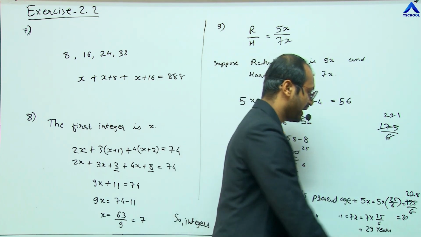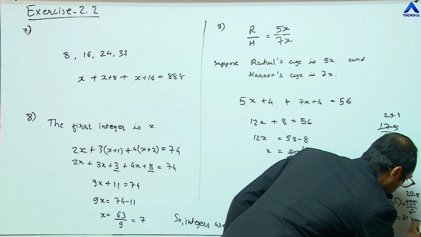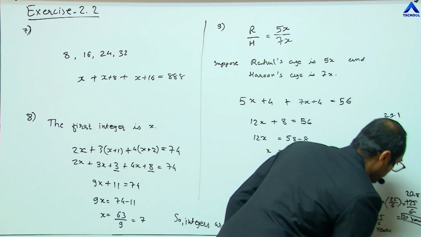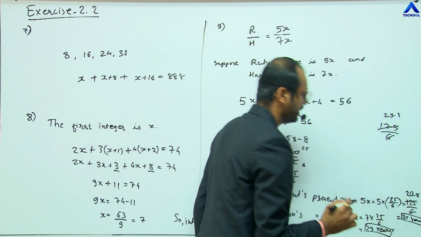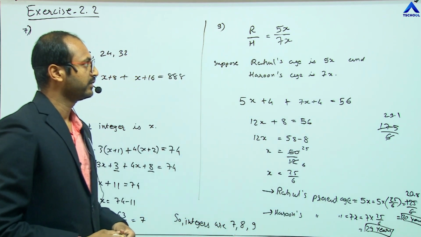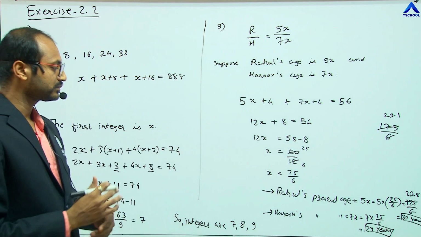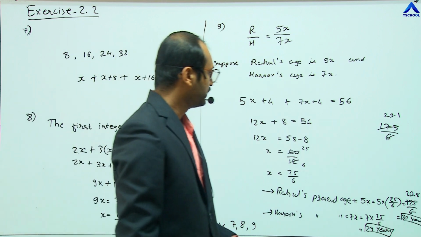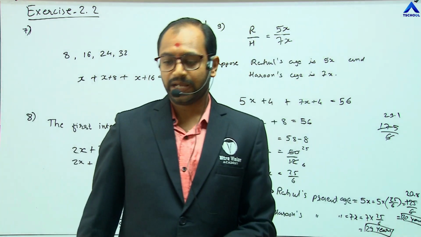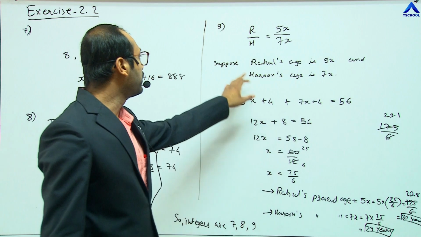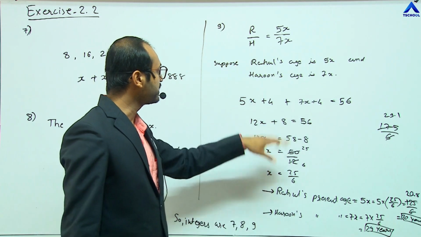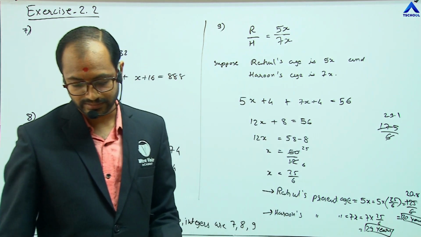So our exact answer is 20 years, and here the exact answer is 29 years. Clear? So we get Rahul's age is 20 years and Harun's age is 29 years.